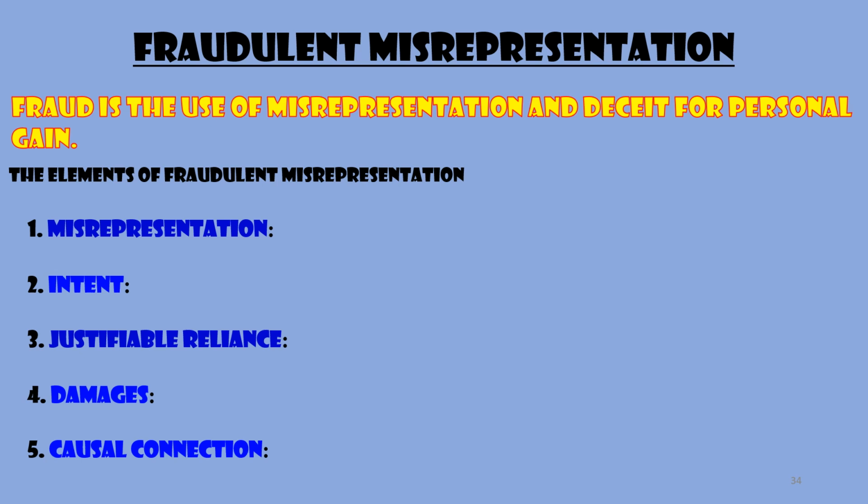That's your but-for test. When you look at this, you say, well, but for the lie, would the person have bought the car? Had the person not bought the car, the person would not have lost the money. If the answer is no, once again, you don't have a lawsuit. You cannot get out of the contract. If the answer is yes, you can.